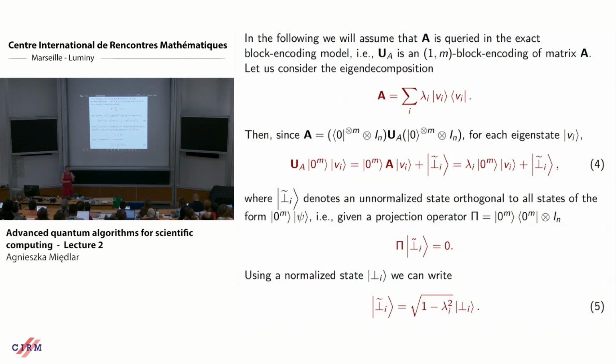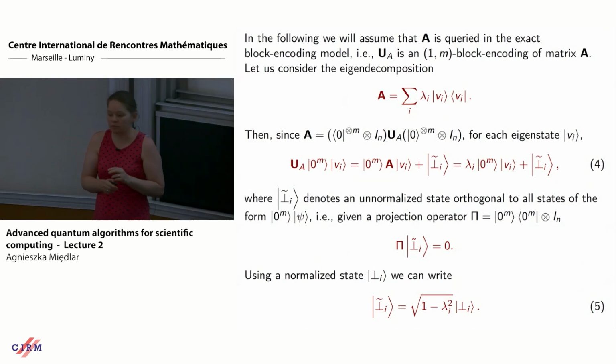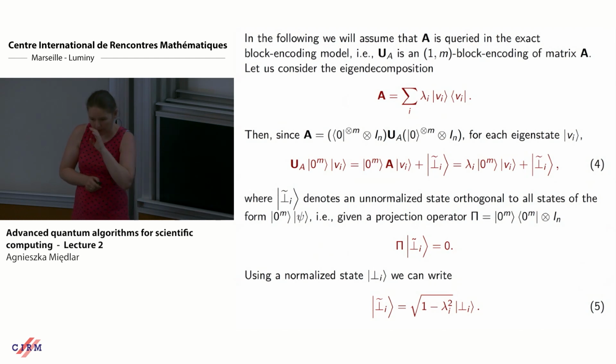If I look at the definition, there is no error if I measure the discrepancy between the object connected to my block encoding and the matrix A. And one is alpha, the parameter, so I assume that the norm of matrix A is bounded by 1.